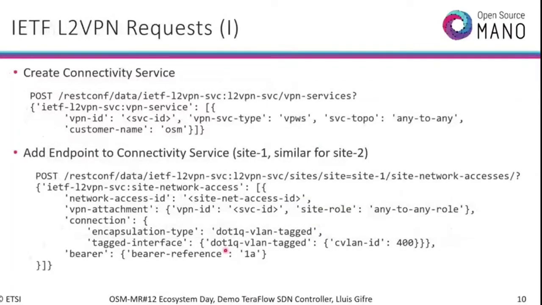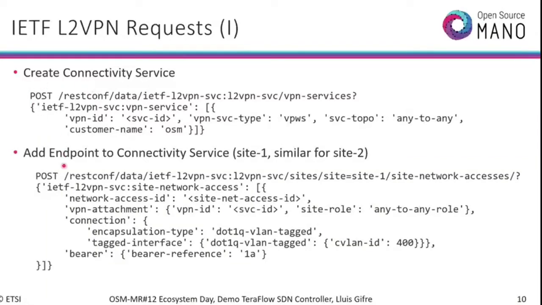And with these parameters, as soon as we execute them, the IETF L2VPN connector, which is the one we use, will generate the appropriate messages for establishing this connectivity.